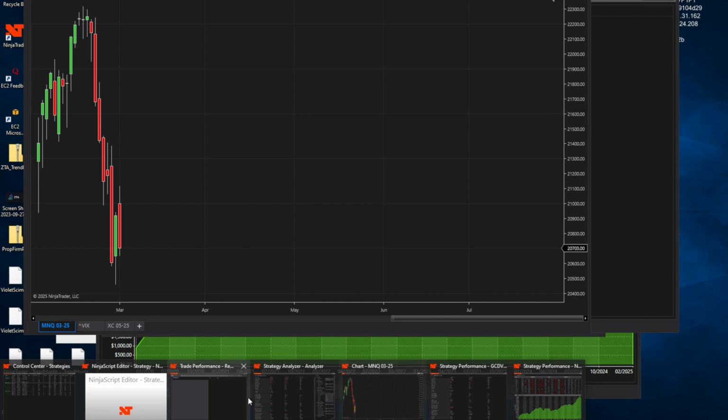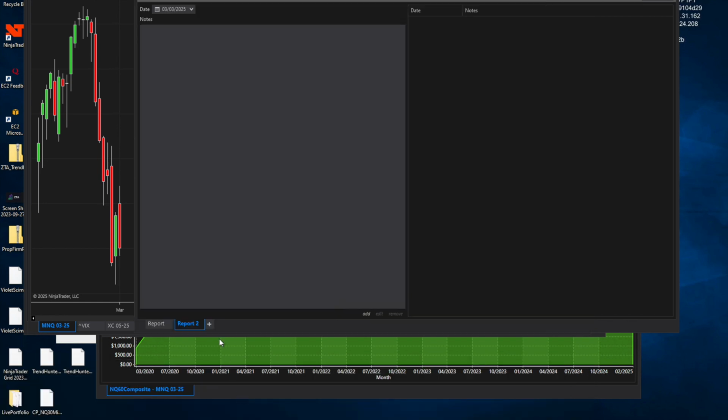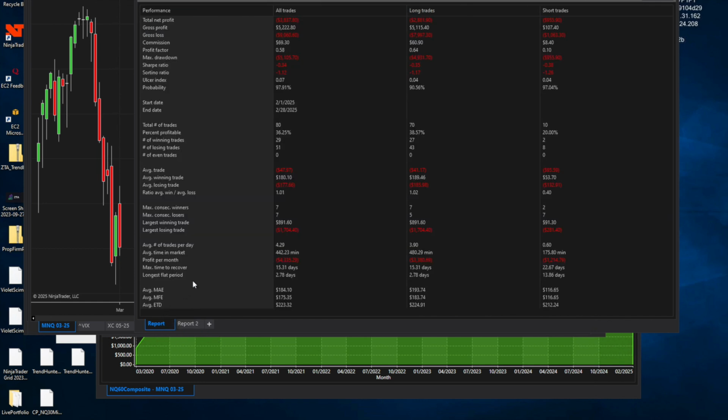Let me walk you through that, and let me also share with you a few other things. So for the month of February, here is the final receipt. Here is our performance. We were down a total of $3,837. Yes, we were negative once again.